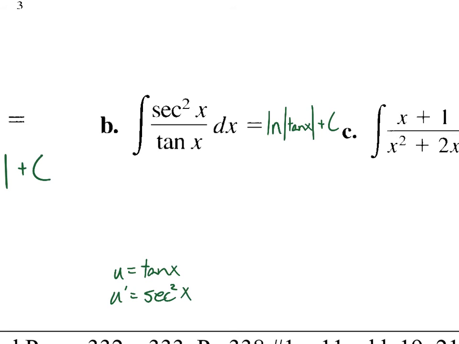Or what else does secant squared equal? Think of our identities. The Pythagorean identities. 1 over cosine squared. It is 1 over cosine squared. Or what are the Pythagorean identities? 1 plus tangent squared equals secant squared.